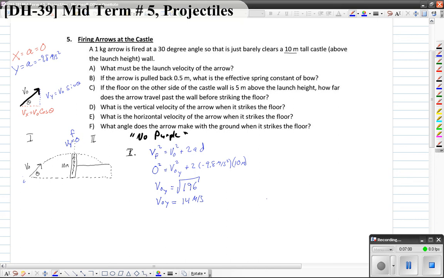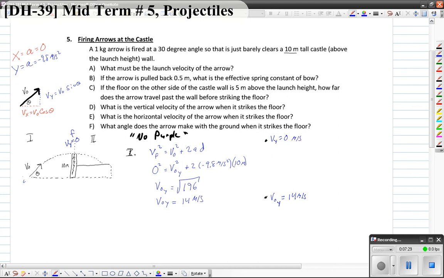So I'm going to treat this as if you had a rock or something, and you were to just throw it straight up, and this was the initial position, and we now know that the initial velocity here, I'll put the y so we keep it straight, equals 14 meters per second, and the velocity final in the y direction is going to be 0 meters per second, and we want to know how much time that takes to happen.